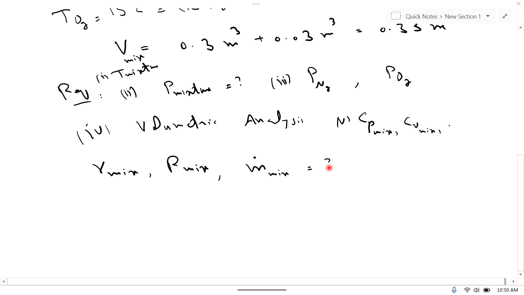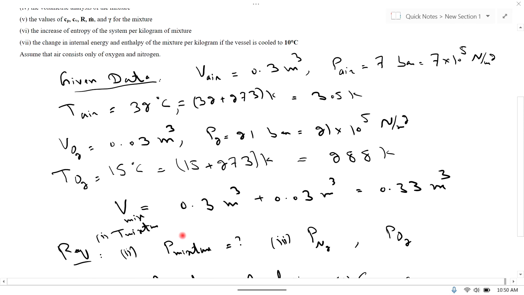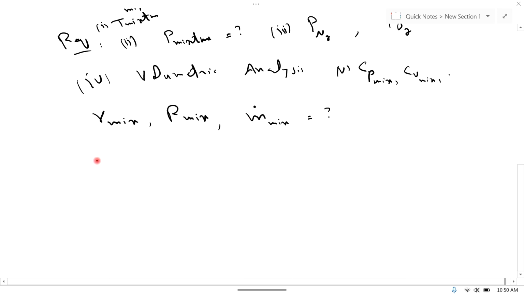Find all these values in number 5. Number 6 is the increase of entropy of the system per kilogram of mixture. Per kilogram means specific entropy.